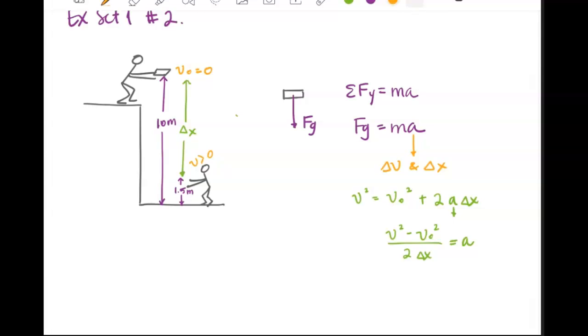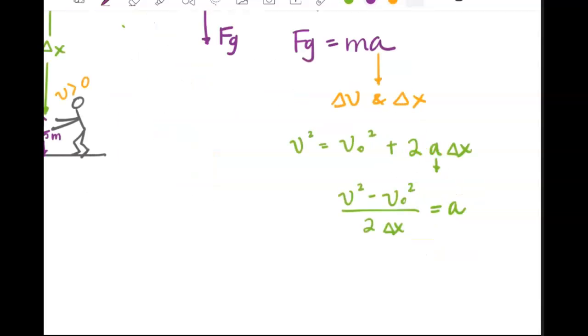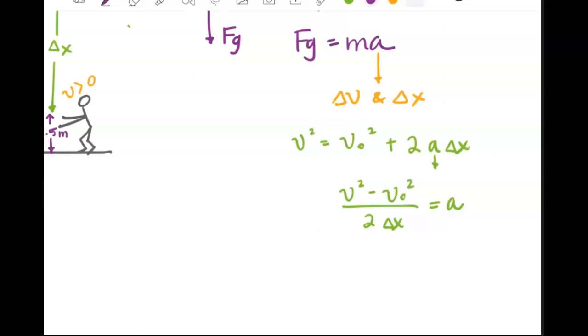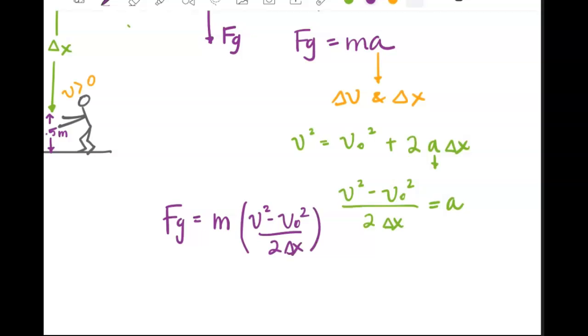Okay, all right. So once I have this acceleration defined here, let's look at that in terms of our gravitational force. So the gravitational force would be equal to m times v squared minus v initial squared over 2 delta x. Now, the amazing thing about the gravitational force is that it's always constant.